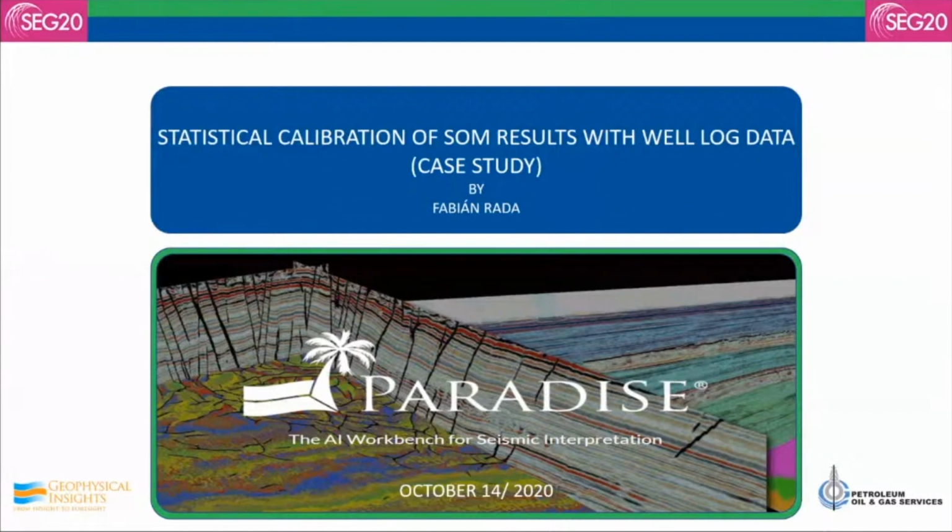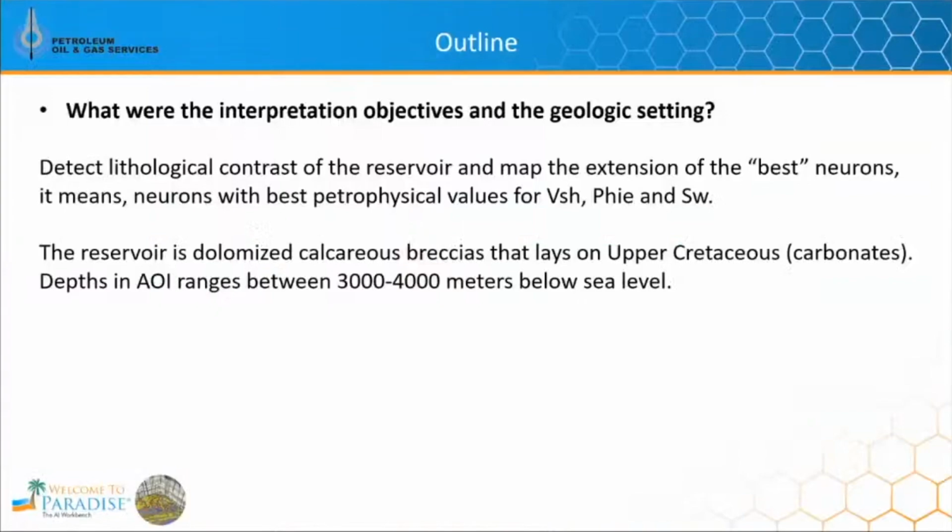In this case, the question is: what were the interpretation objectives and the geologic setting? The intention was to detect the lithological contrast of a reservoir and map the extension of the best neurons. It means the neurons that have the best petrophysical values for V-shale, effective porosity, and water saturation.